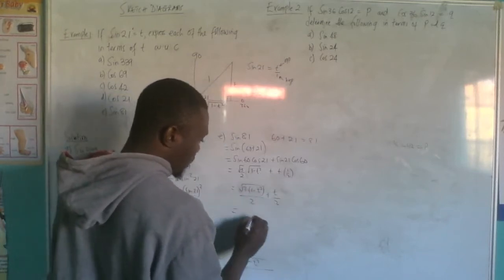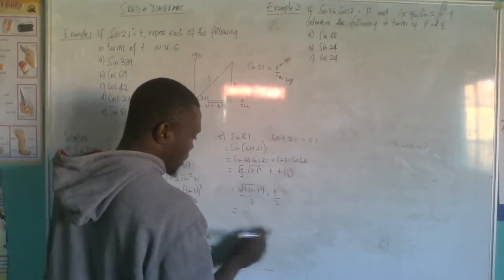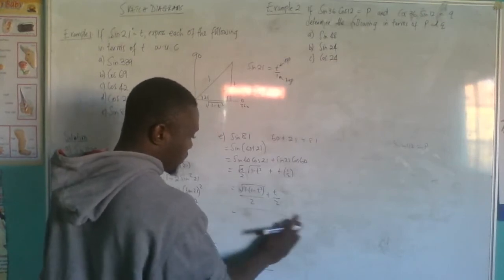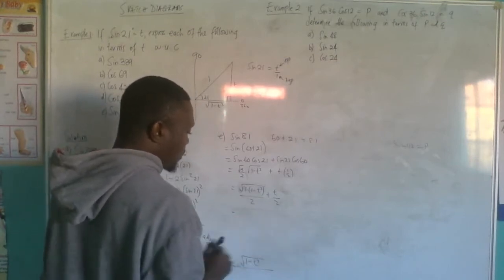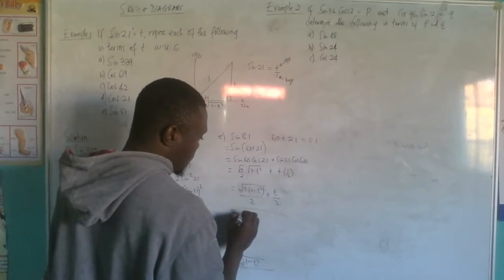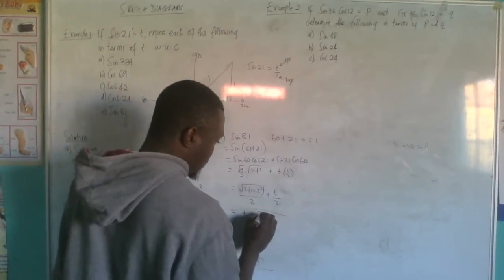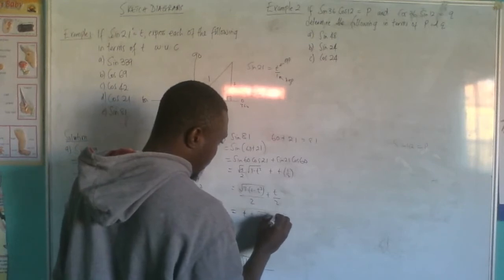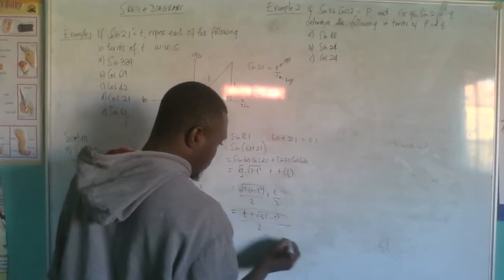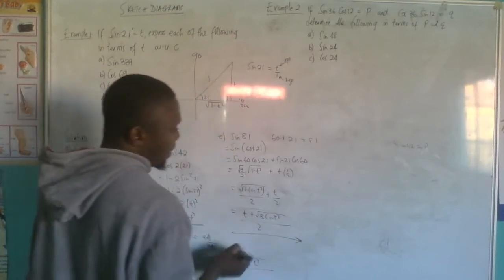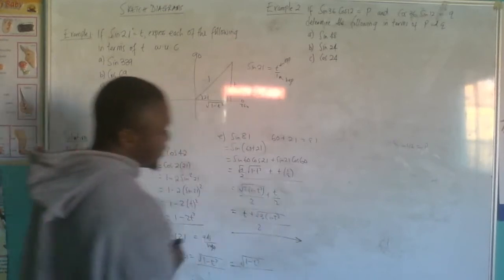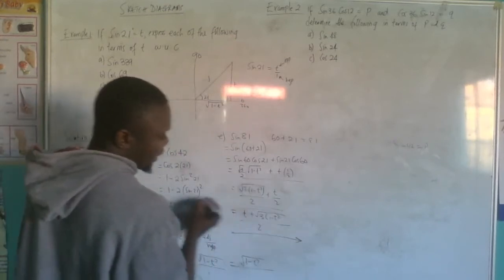It can also be written as t plus root 3 times root of 1 minus t squared, all over 2, if you want to simplify. But if you leave it like this it is still fine.